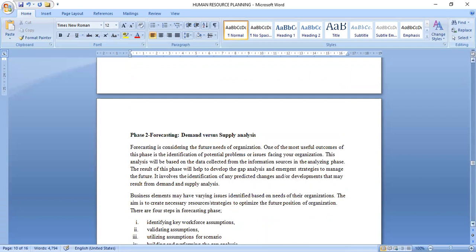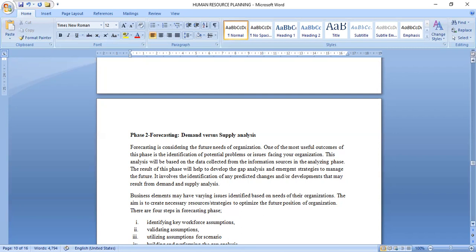And we are considering the underlying factors that are affecting the demand for labor, and the underlying factors that are affecting the supply of labor. Then phase 2, we shall be doing forecasting.